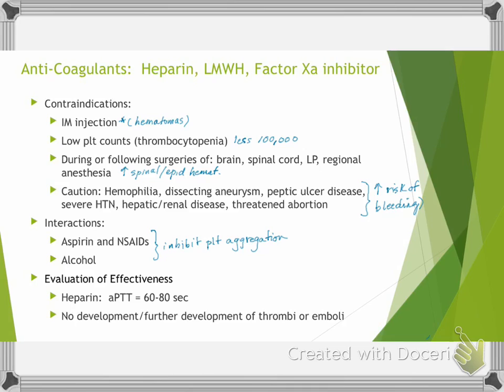Okay. Evaluation of effectiveness. Do we have a PTT that's within 60 to 80 seconds, which is what we want it to be? We want it delayed a little bit, but not too much. No development of further thrombi or emboli. Okay.